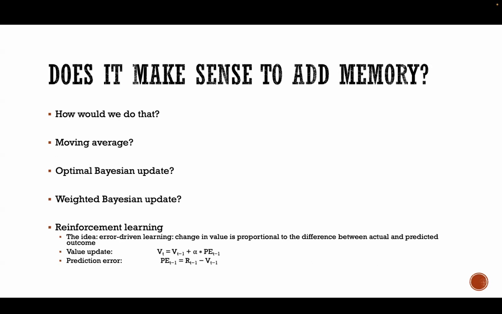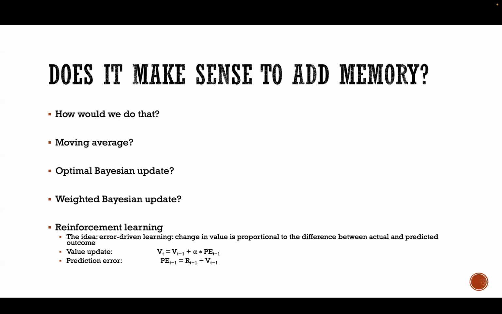And that value is updated on a trial by trial basis, taking the previous value and then adding the prediction error times a learning rate. What is the prediction error? And then we'll get back to the learning rate.